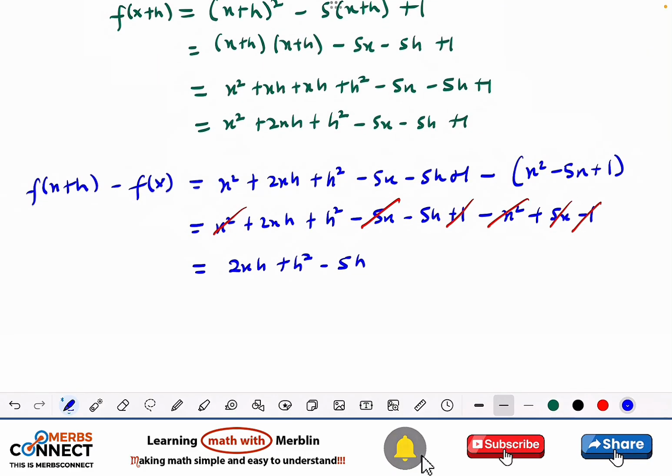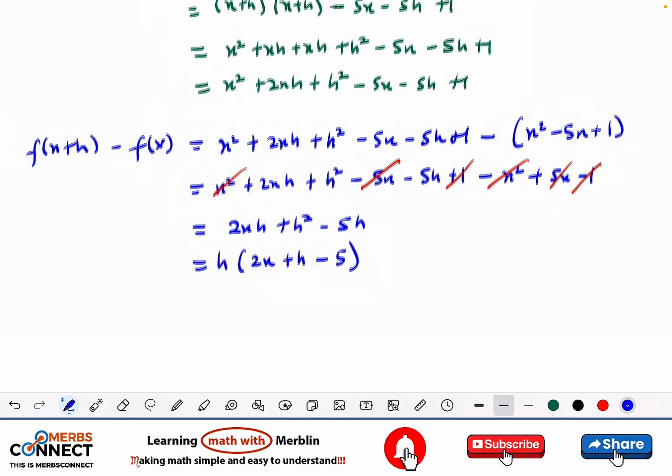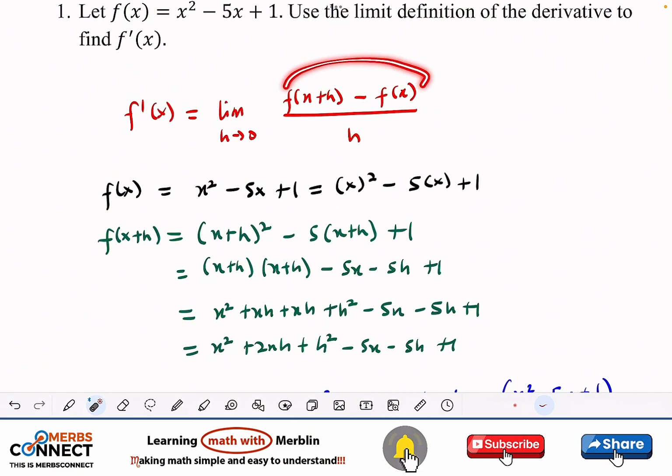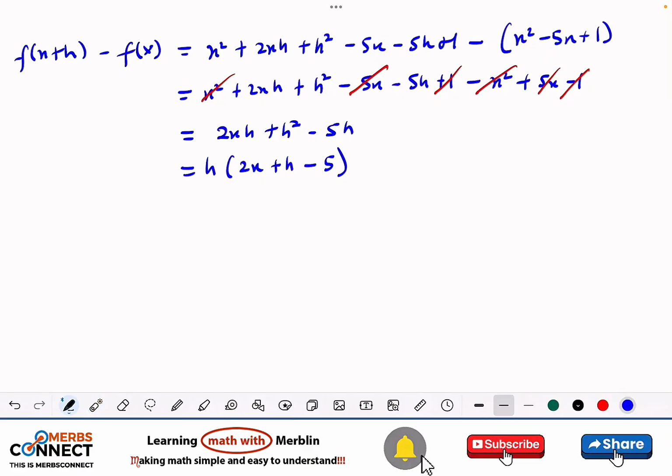So as soon as I get something like this, I can factor one of the h out because I have h here, h here, h here. So I'm going to have h times 2x plus h minus 5. Good. So I was able to simplify this, which is equal to what is here, right? So now let's write the function.